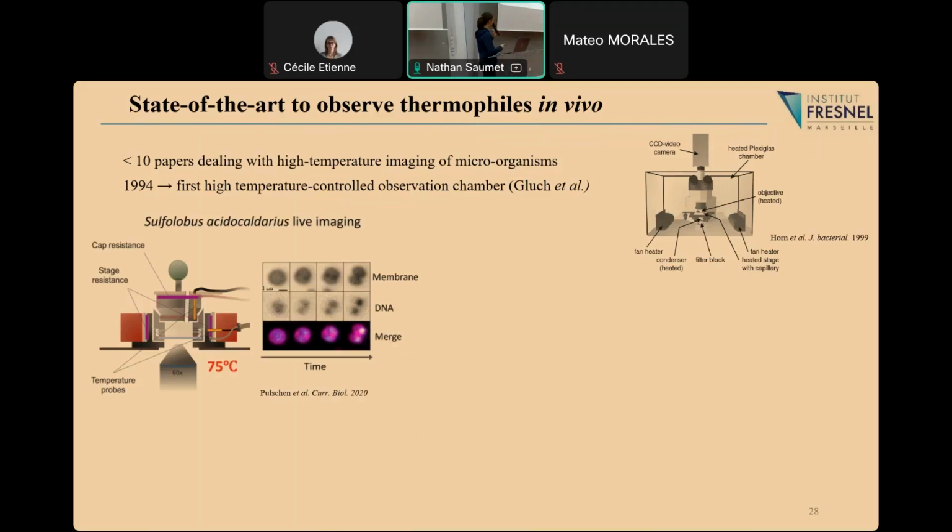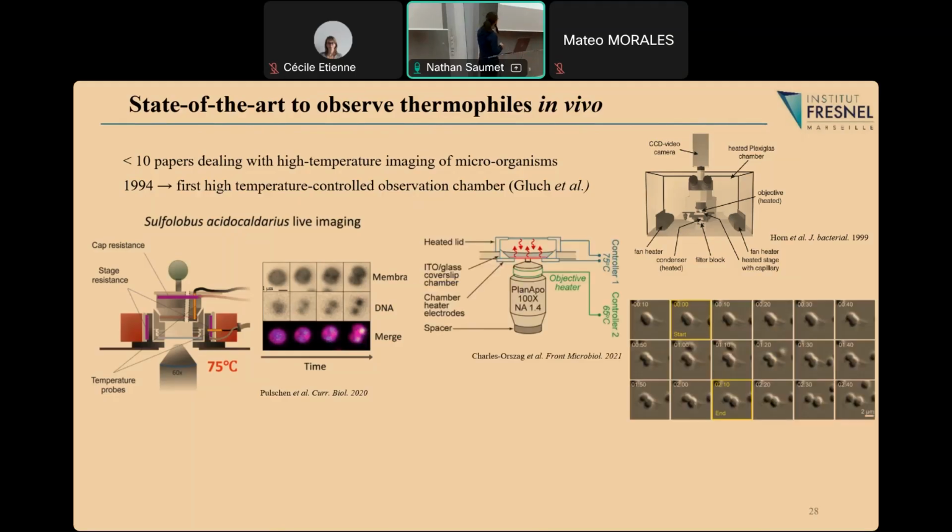More recently, they designed a smaller observation cell, like this, combined with an objective which is not heated this time. They observed the DNA dividing in real time for this archaea, Sulfolobus acidocaldarius. Another group, with a comparable system, heated the whole culture of microorganisms, and they were also able to observe the division of the cell.